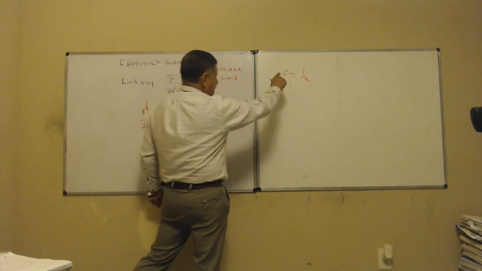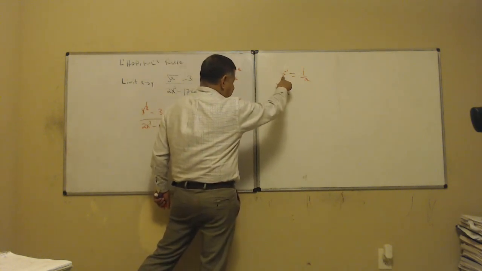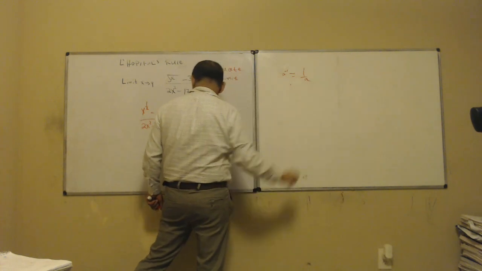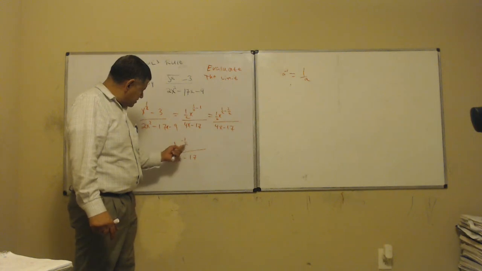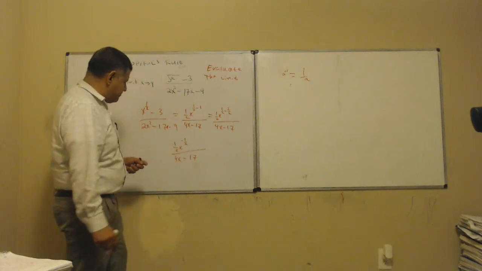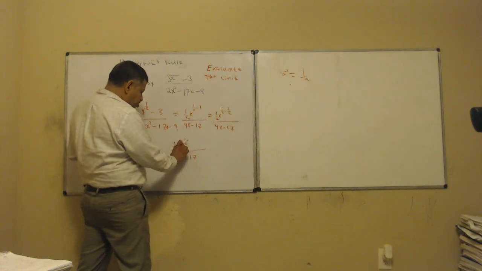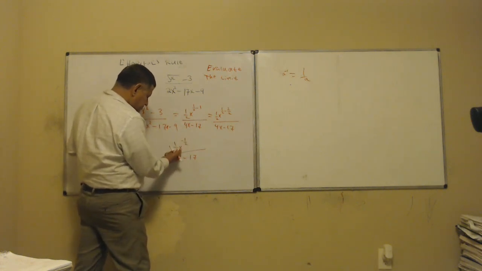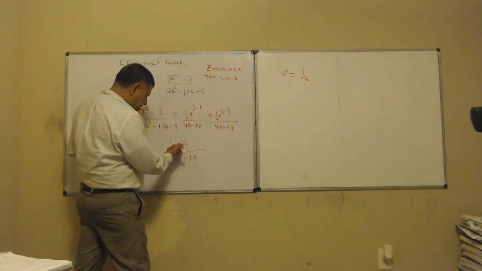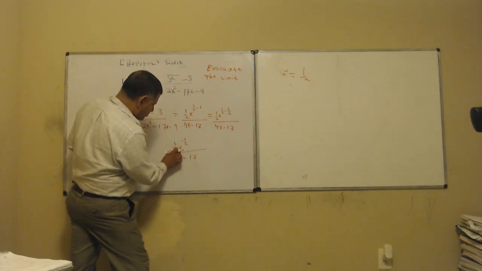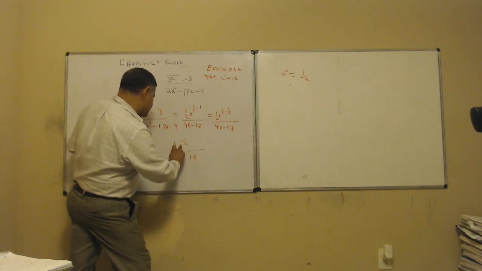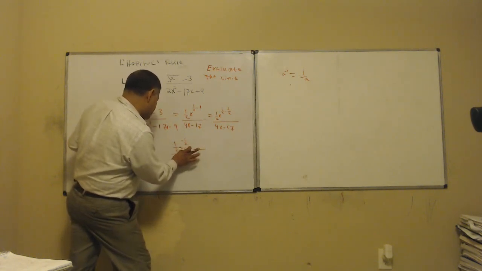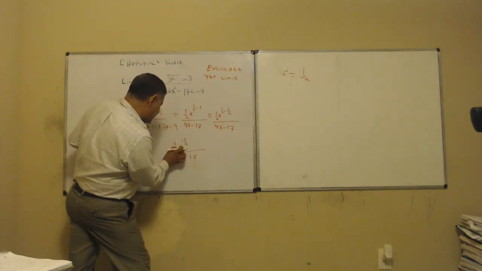So if a to the negative 1 is equal to 1 over a, then this is similar, right? I get a negative 1/2 on the top. So what I do is I change the function, bringing this to the bottom. Right now, it's kind of hard to write this, but this is sitting in front here.